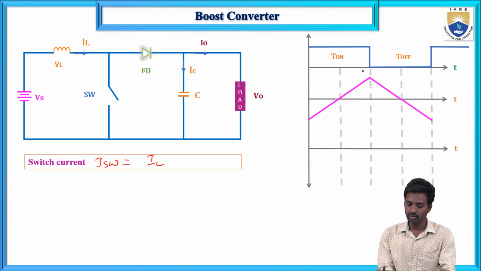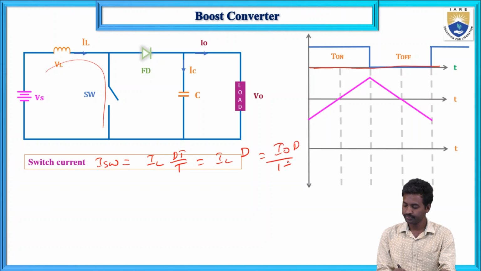Here IL is the inductor current only when switch is on, and switch on condition means D into T. So that equals IL into D. So IL means I naught into D by 1 minus D. This is average value only.